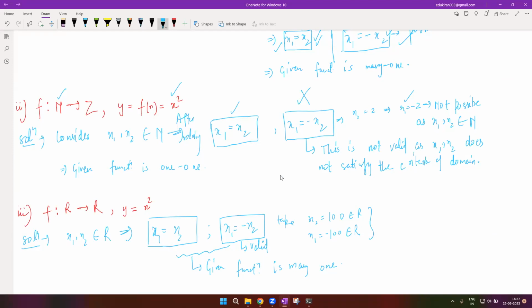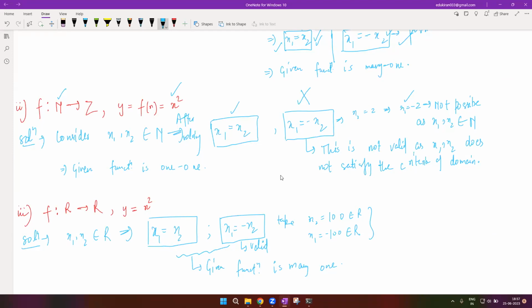In the first case, our domain was Z to Z, the set of integers, and the function was the same, x square. You observed that the given function was many 1. But the same function for the domain of natural numbers is a 1, 1 function. That is why we say 1, 1 and many 1 is a property of domain, a property of input.